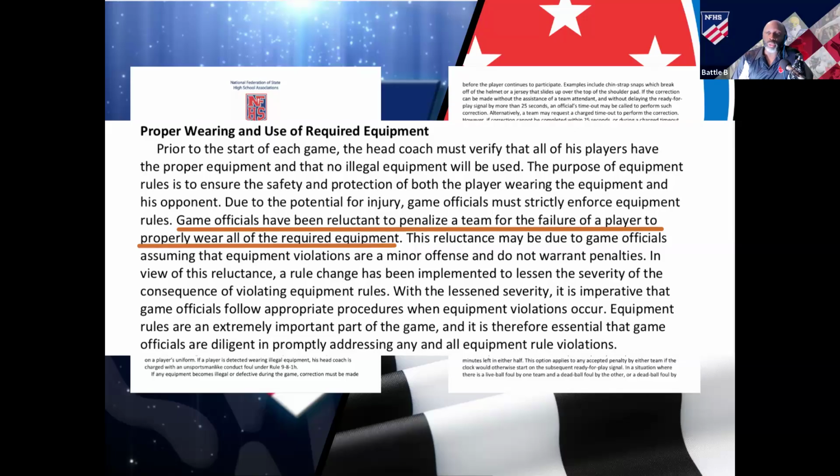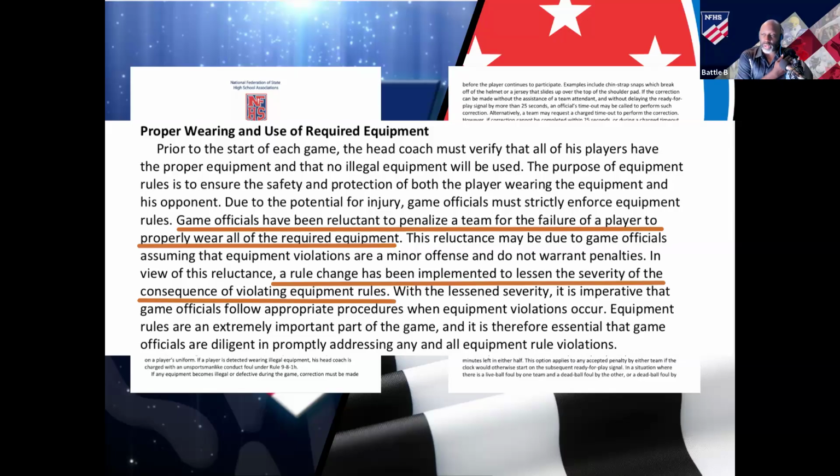So game officials have been reluctant to penalize a team for failure of a player to properly wear all required equipment. All right. This reluctance may be due to the game officials assuming that equipment violations are minor offenses and do not warrant penalties. In view of this reluctance, a rule change has been implemented to lessen the severity of the consequence of violating equipment rules.